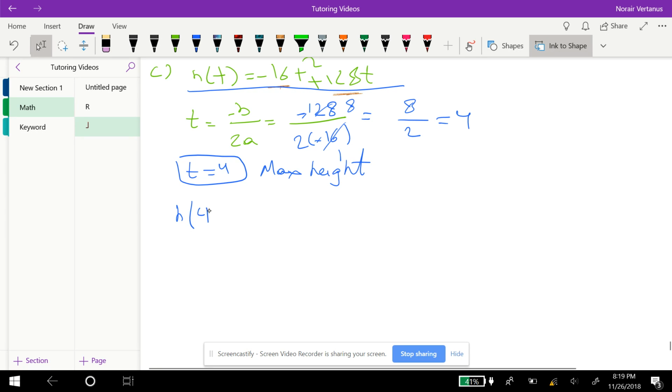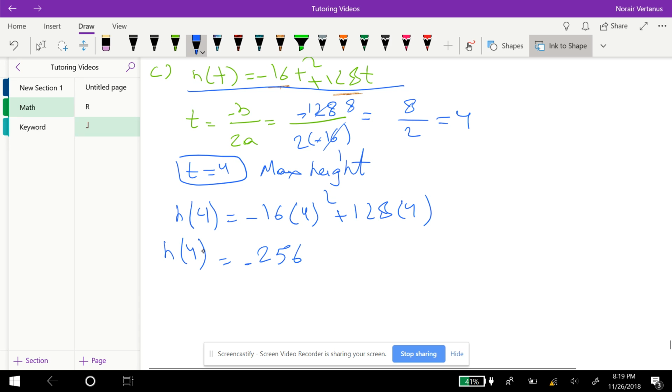So h of 4 is equal to negative 16 times 4 squared plus 128 times 4. 4 times 4, 16, 16 times 16 is 256, but there's a negative in front, negative 256, plus 4 times 128, which is 512. And if you subtract that, h of 4 is going to be equal to 256. That's feet.